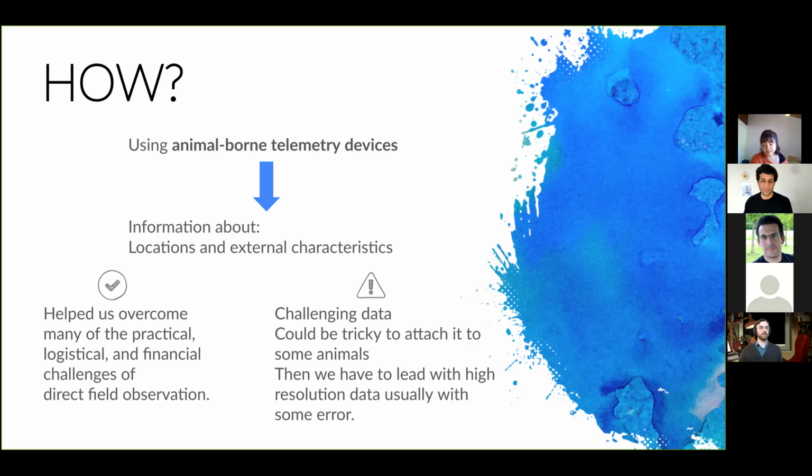And sometimes these devices also give us information about the internal characteristics of the animal, for example, the heart rate. The good thing of using this technology is that it helps us overcome many practical, logistical and financial challenges of direct field observation. I mean, it's not necessary to go to the field to observe every step and every move of each individual.